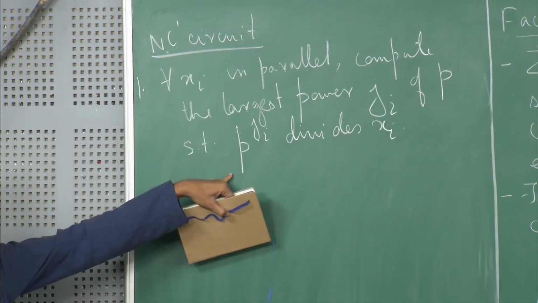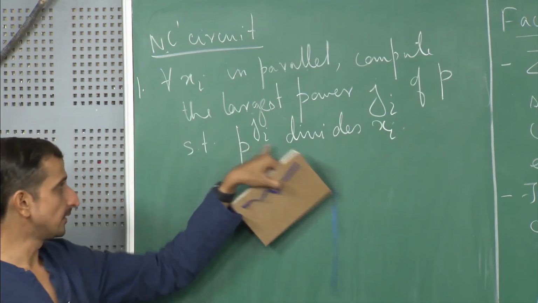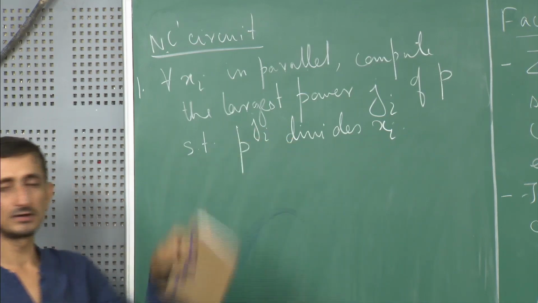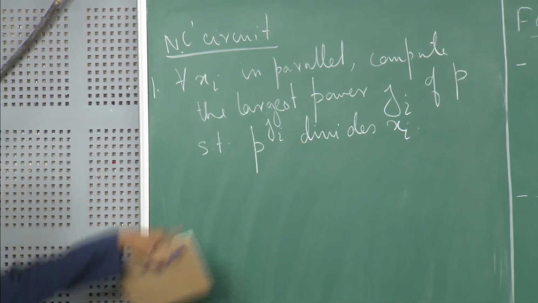So p to the power ji will divide xi, but p to the power ji plus 1 will not divide xi. We compute this in parallel.